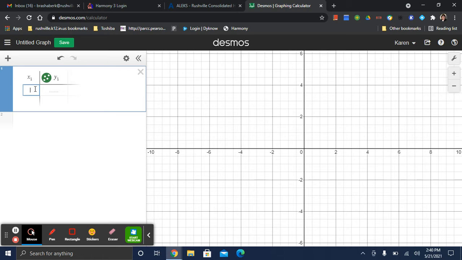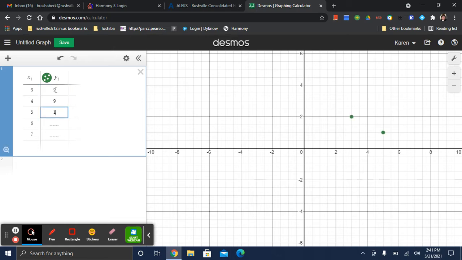Now, the first one that I had, the x values were 3. I'm going to do all the x's first. 4, 5, 6, and 7. And then my y values that went with those were 2, 9, 18, 29, and 42. So we're going to take a look at what those would graph like.